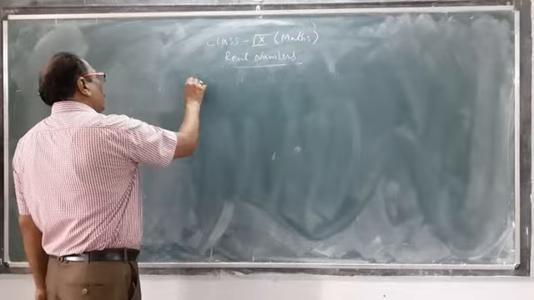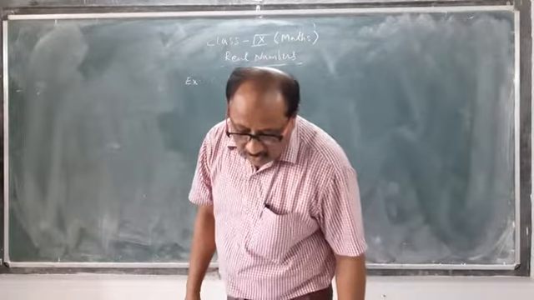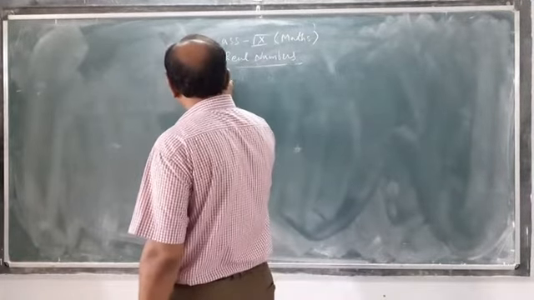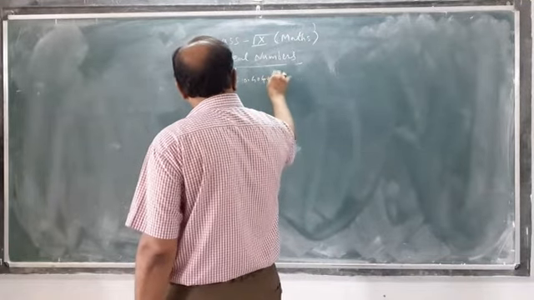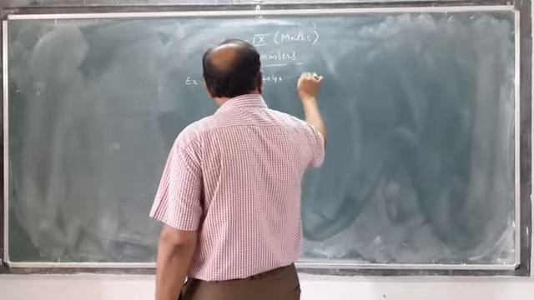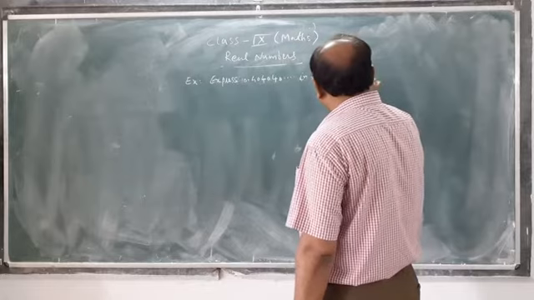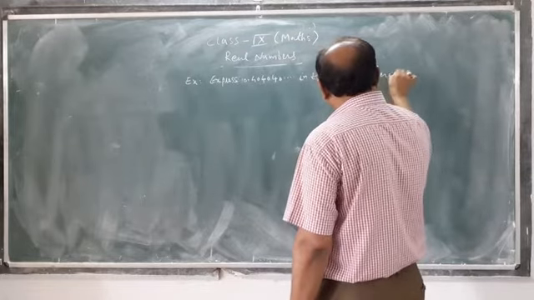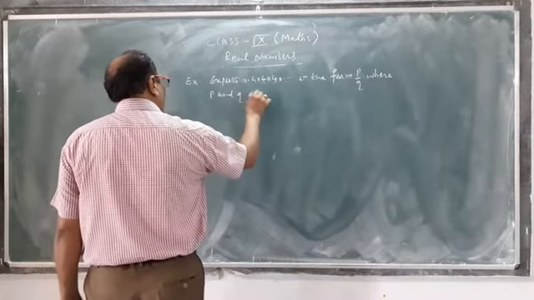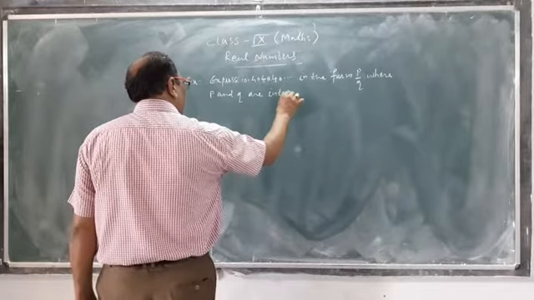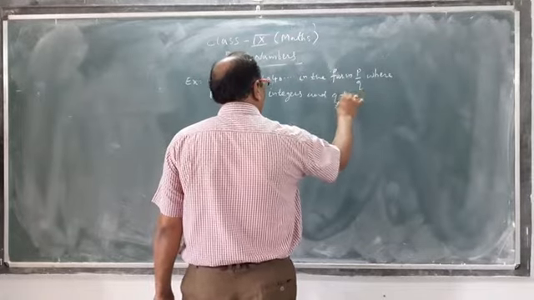Then the next example is: express 0.40 repeating in the form p upon q, where p and q are integers and q is not equal to 0.